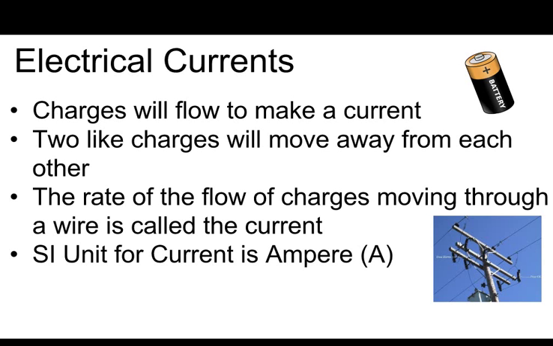The rate of the flow of charges moving through a wire is called the current. So however many charges you're moving is your current through your wire. And the SI unit for current is called an ampere.